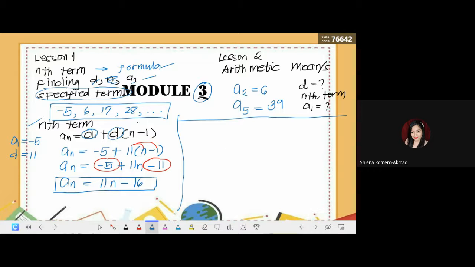So meron ka ditong sequence. Ito pa rin yung sequence na gagamitin natin dito. And what if we are looking for A sub 20 or the 20th term? Dalawa pa rin yung paraan. Okay? Una, using the formula.